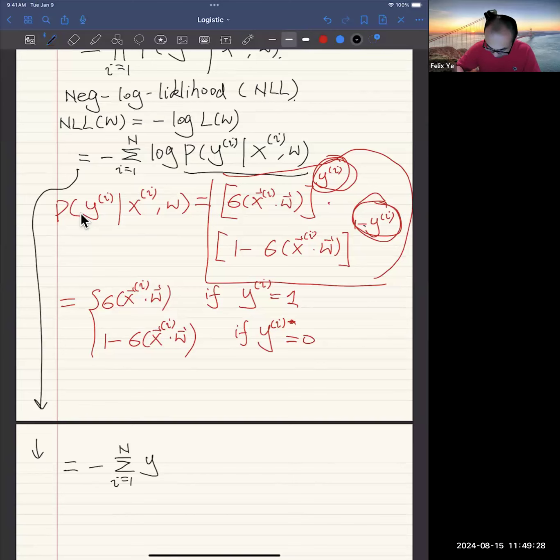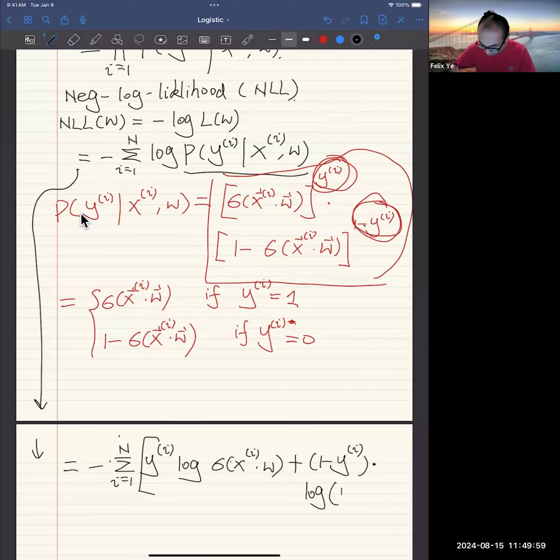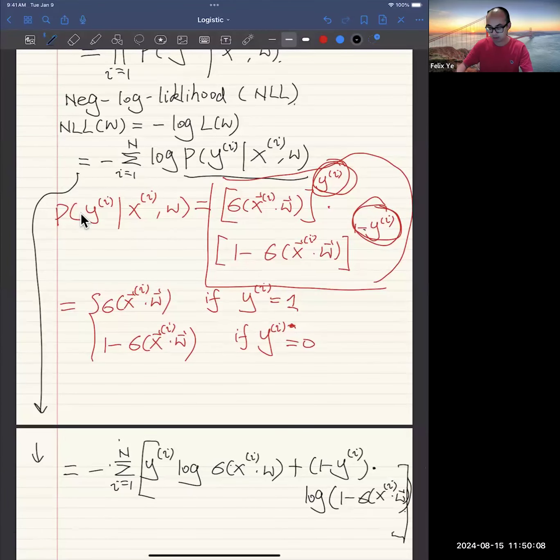So this becomes yi times the logarithm of sigma x of i w, plus 1 minus yi times the logarithm of 1 minus sigma x of i w.